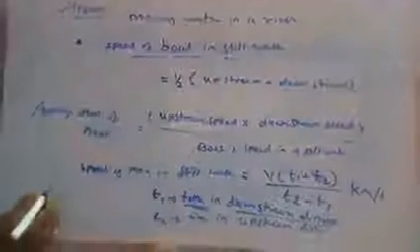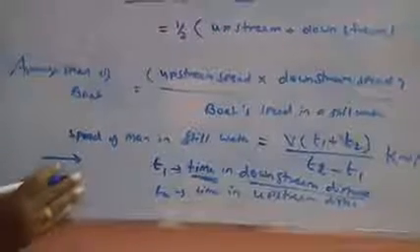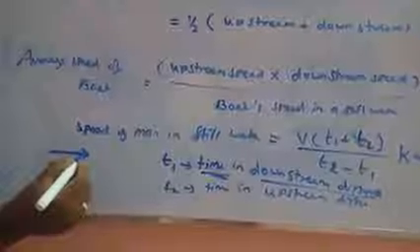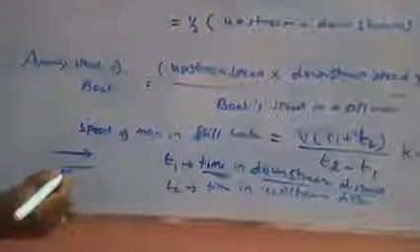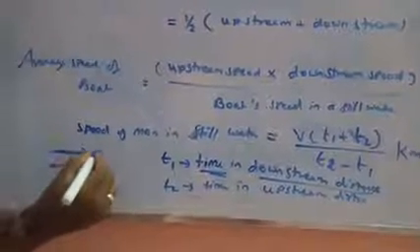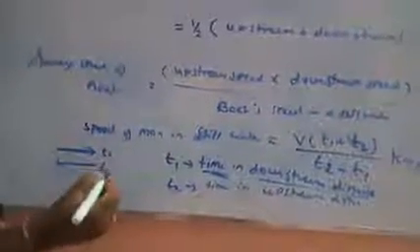Already told what is meant by downstream and upstream. Downstream means the water flow and the man's swimming direction are in the same direction. Whatever distance he travels downstream, the same distance he travels upstream. So what about the time taken for this distance and the corresponding time taken for the upstream distance?